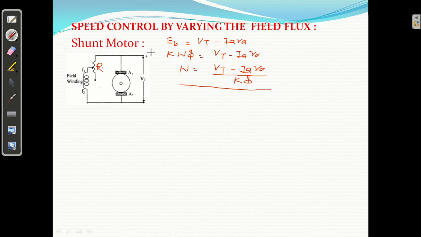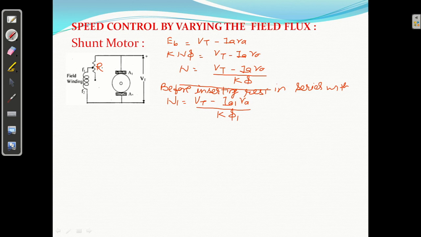So what will happen? Let us say speed N1 equal to VT minus IA1 RA upon K phi 1. I am not inserting the resistance in series with the field yet.